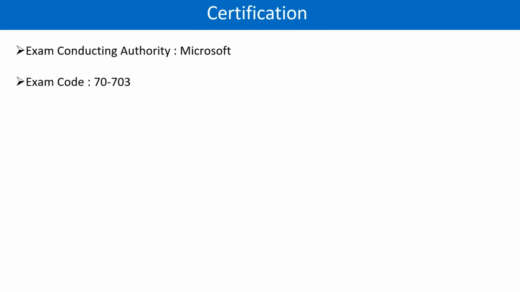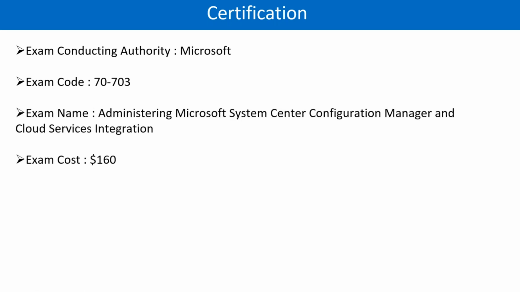Now, if you are planning to get yourselves certified on SCCM technology, then you have to take the exam 70-703, and the cost of the exam is 160 US dollars.